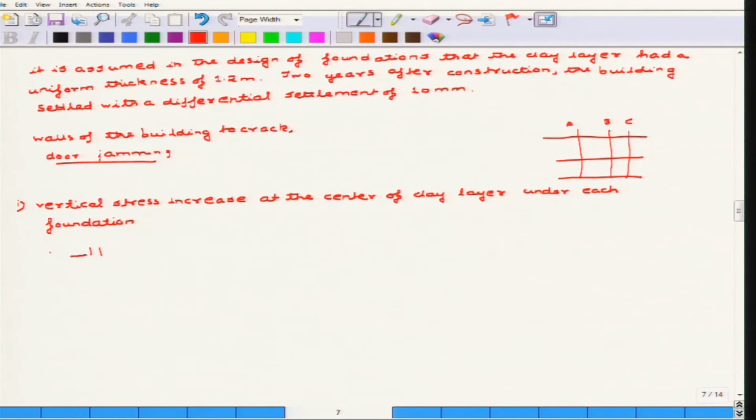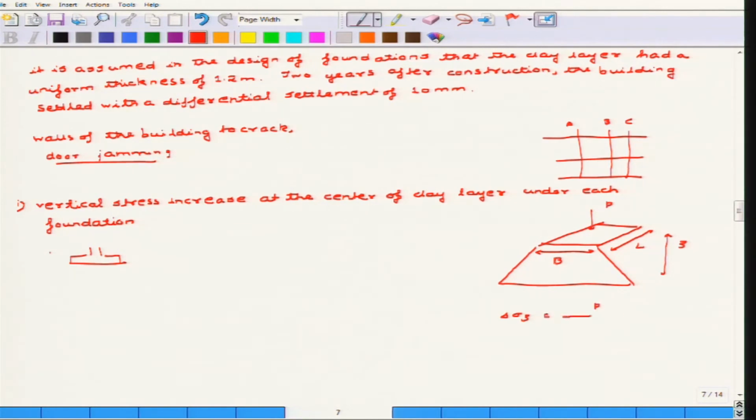Basically, if there is a rectangular footing in 3 dimensions, with a breadth of B and a length of L, the extra stress imparted to the soil at a depth Z due to a load P is equivalent to P by (B plus Z) into (L plus Z), if you consider the distribution to be at 45 degrees, that is, equivalent in both directions. This is a general formula that we will take help from here.